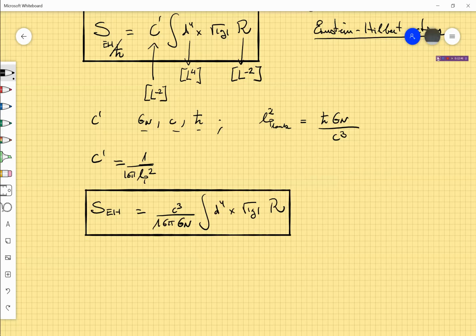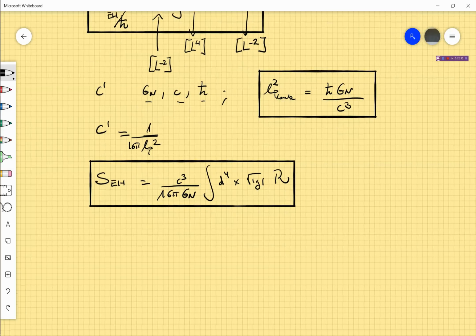Sorry, not the Planck length. The Planck length is the square root of that. So if I divide this by h bar, the Planck length square arises naturally as the normalization constant up to a conventional normalization factor.